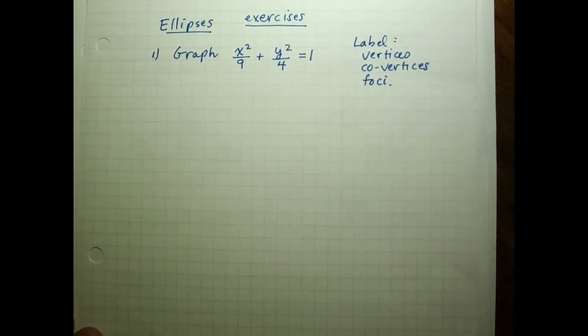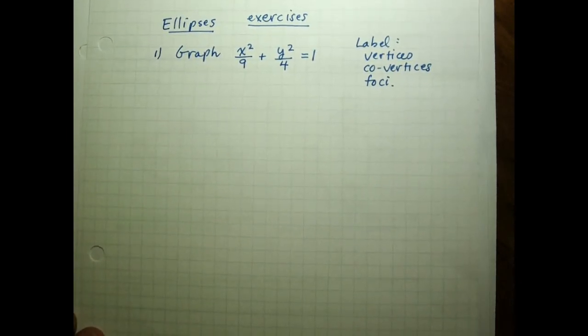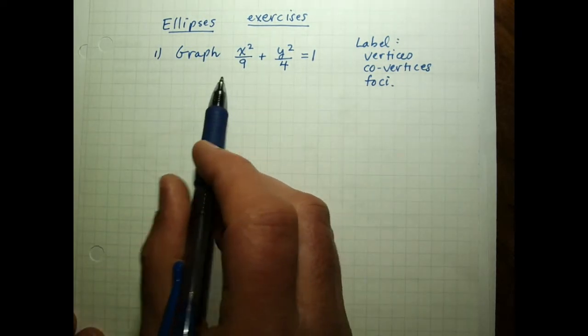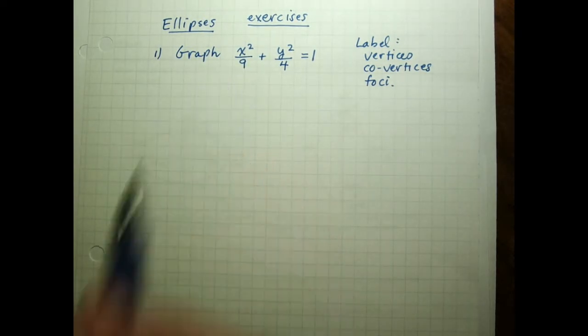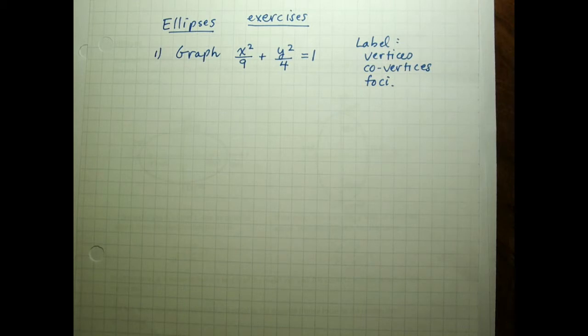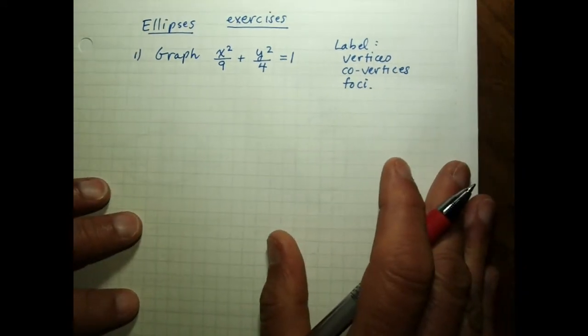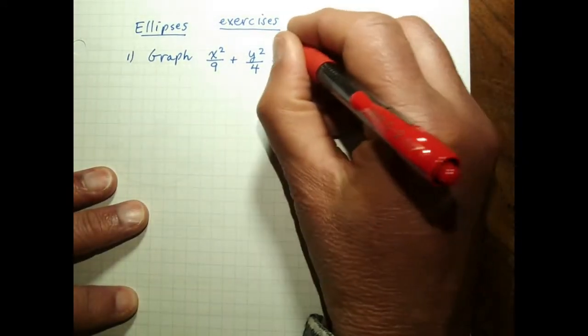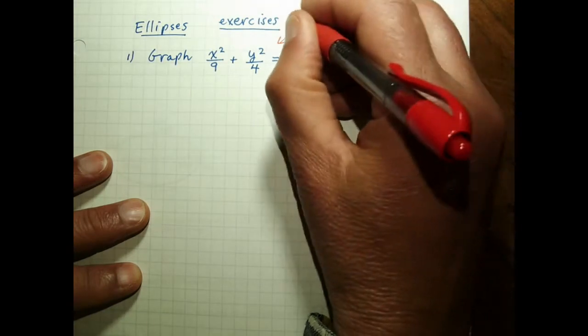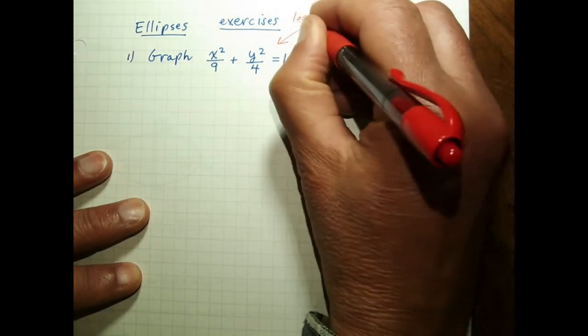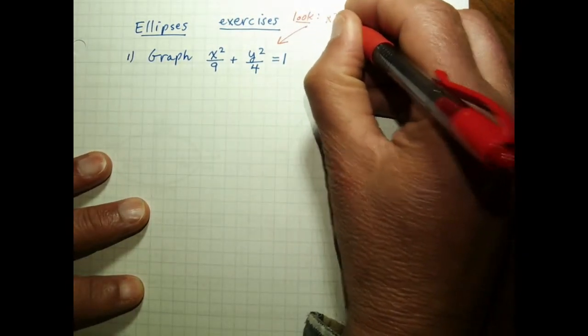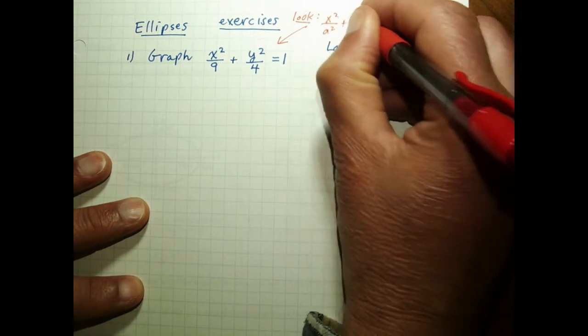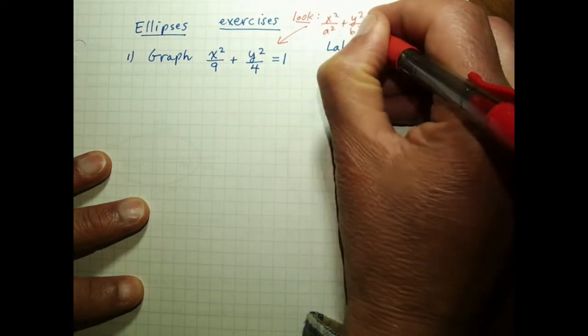So let's start exercise 1, which I recopied here onto this graph grid. Graph x squared over 9 plus y squared over 4 equals 1. So you want to recognize that this has the look of x squared over a squared plus y squared over b squared equals 1.